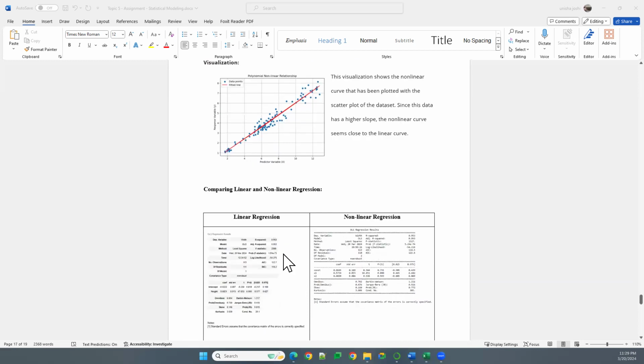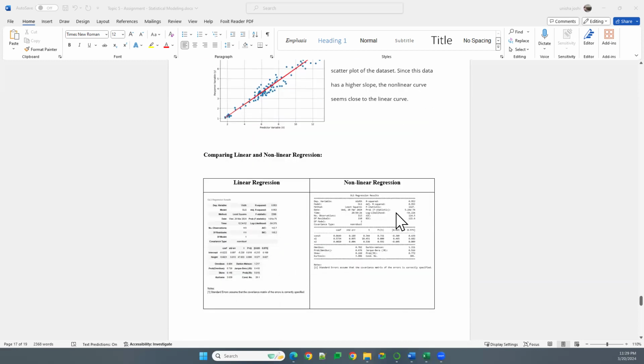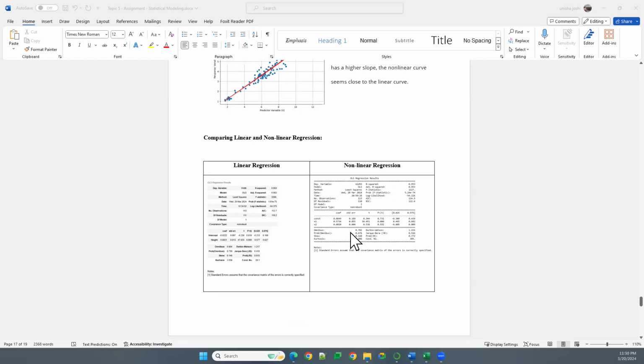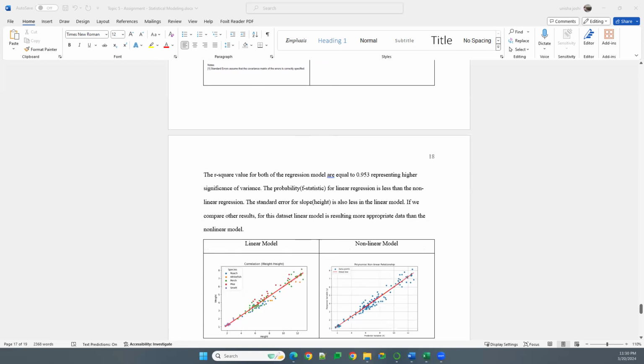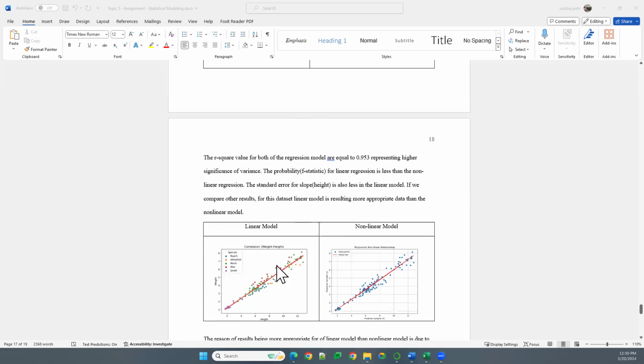So I tried to compare both the linear and nonlinear regression values. The values are almost similar, but if we go into the specific details, then the linear regression model is exhibiting clearer data. That might be due to the distribution of my data set, due to the character of my data set.